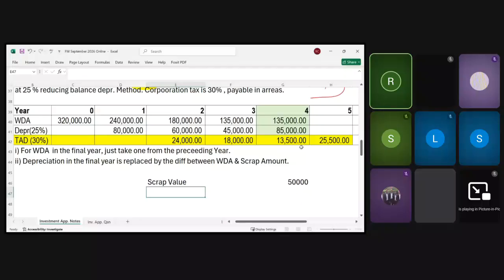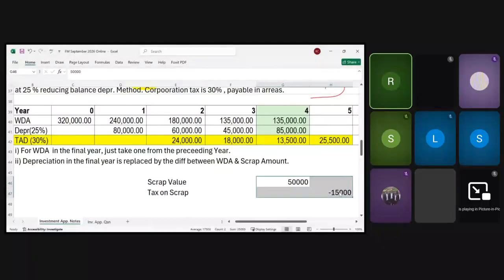Then tax on scrap. You can do this on your NPV. That scrap is going to be taxed in arrears, which is minus 30% times this. So after doing everything, you might have these two lines separately.